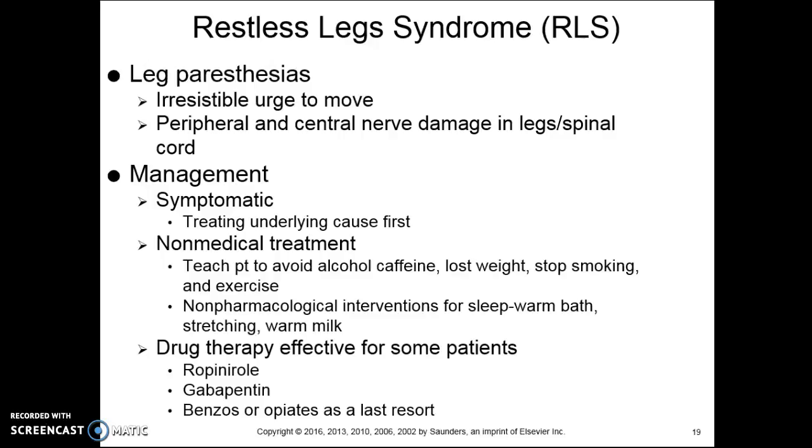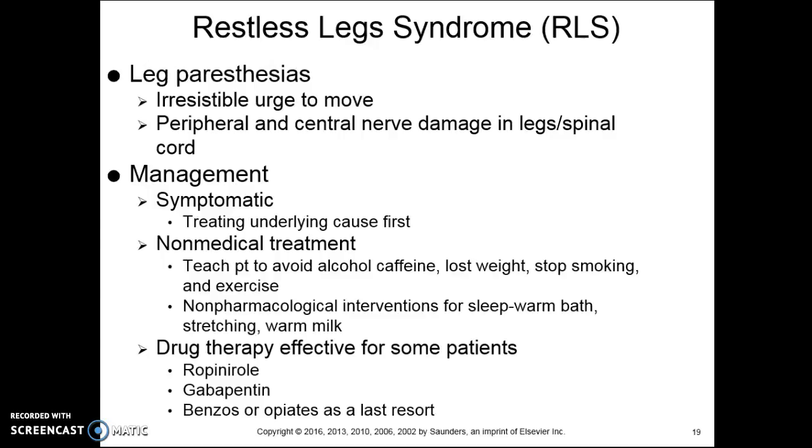So, for our management of symptomatic RLS, we want to treat whatever the underlying cause is first, if we can, okay? That's always going to be your first intervention: I'm going to try to fix the underlying cause, if it can be fixed.